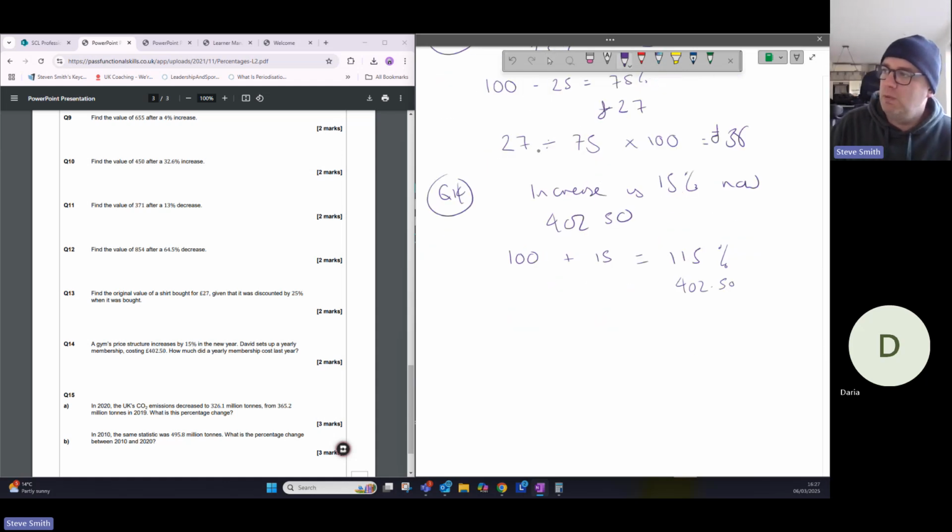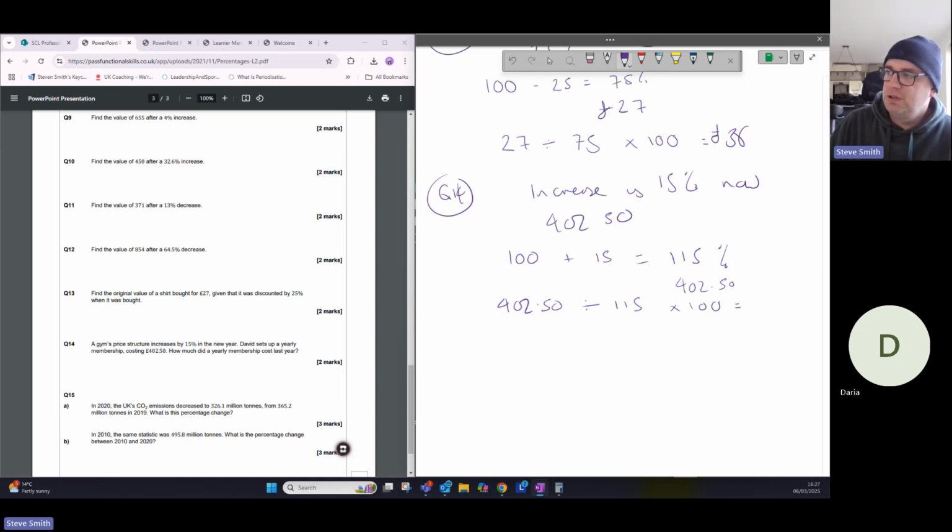So we do a very similar thing to what we do up here. Instead of dividing by the small amounts we want, we divide it by the full amount. So we're going to divide 402.50 by 115, because we want all the parts we've got right now, and times it by 100.